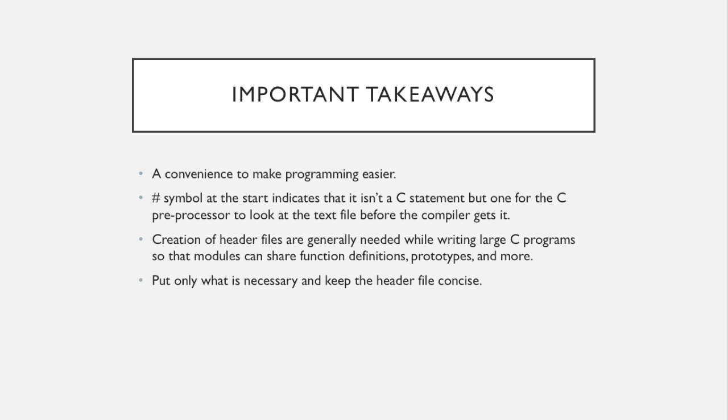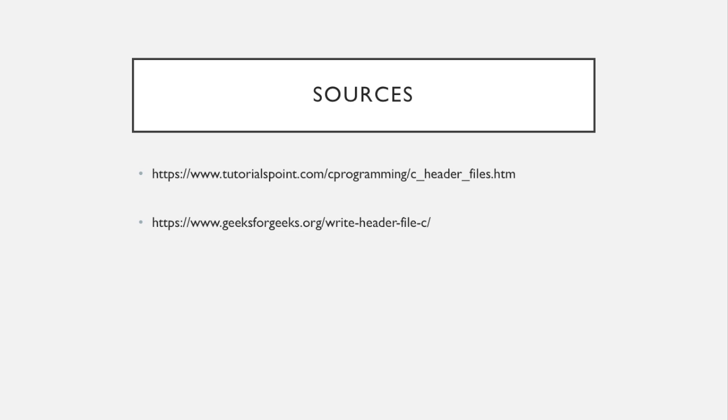It's not exactly recommended to put function definitions in a header file. Ideally, you only want function declarations, but for this demonstration's purpose, I did have functions in there to demonstrate how header files exactly work.